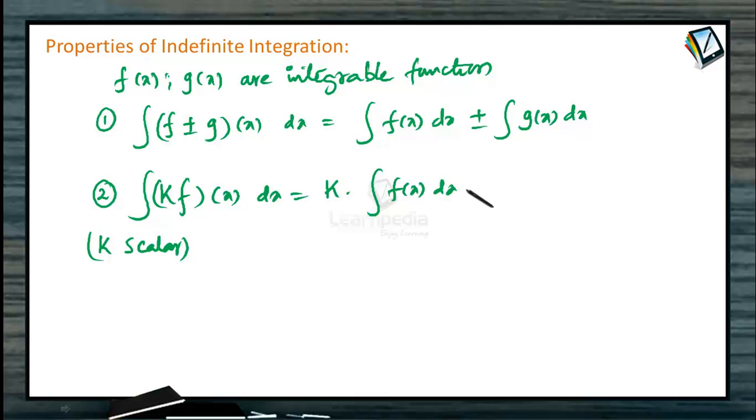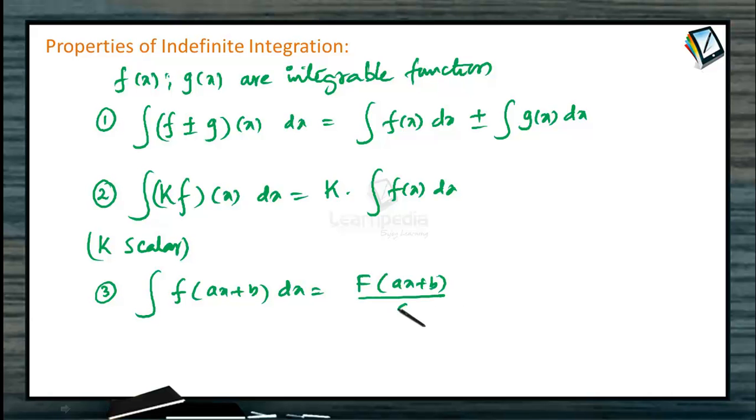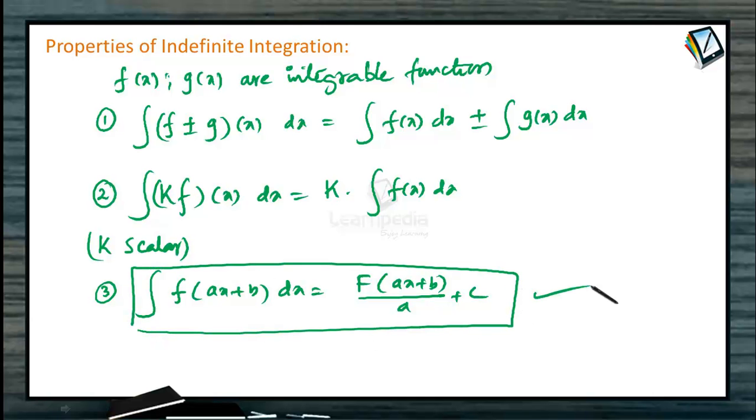The third is, if the integral is of a function of ax plus b dx, then this can be exhibited as F of ax plus b by a, plus c. This, of course, we'll treat in the standard formulae. So these are the properties of indefinite integration.